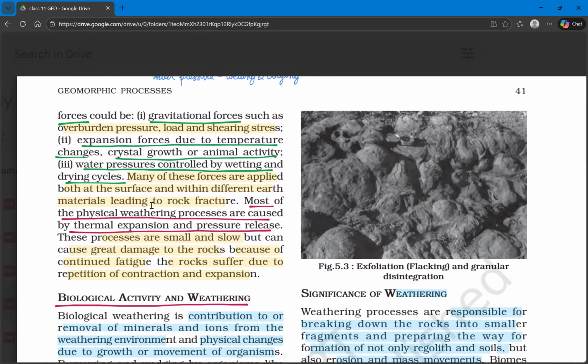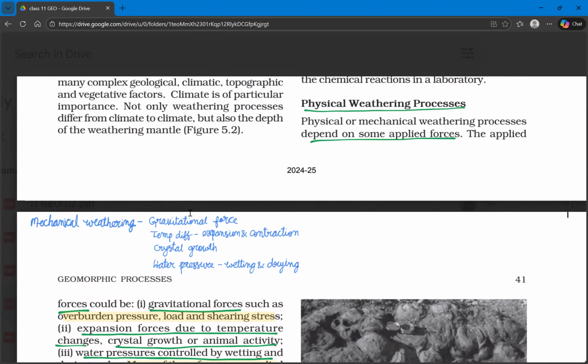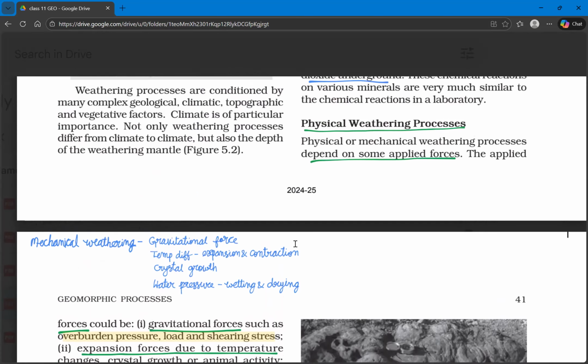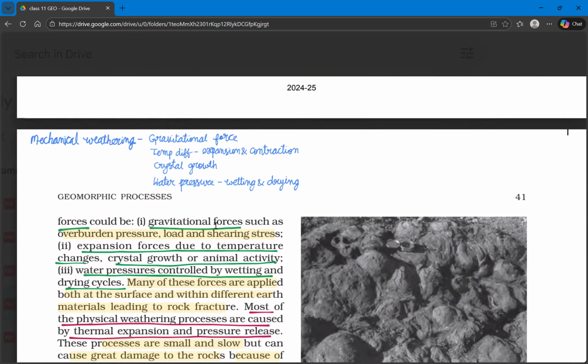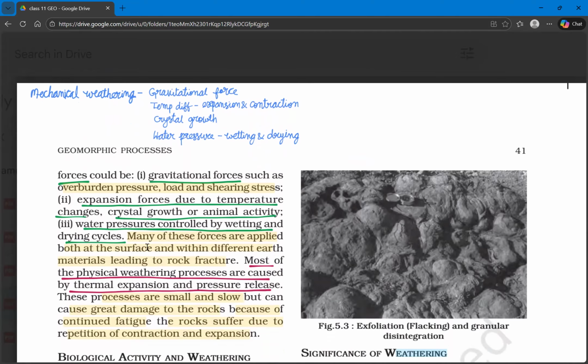There will be a fracture in the rock. Most of the physical weathering processes are caused by thermal expansion and pressure release. So the continuous contraction and expansion of the rock leads to the mechanical disintegration of the rocks. So this is about physical weathering processes, under which we have gravitational force, expansion force, and also water pressure.